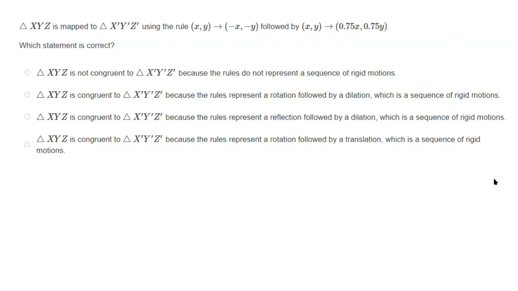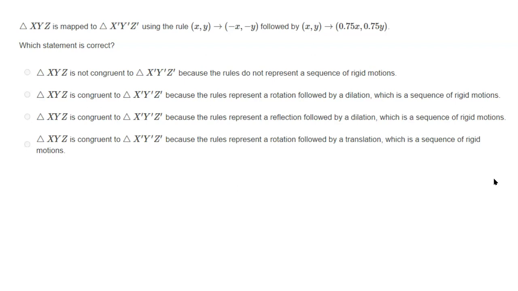Triangle XYZ is mapped to triangle X prime, Y prime, Z prime using the rule (x, y) maps to (-x, -y), followed by (x, y) maps to (0.75x, 0.75y).